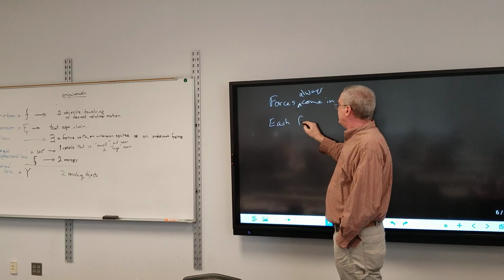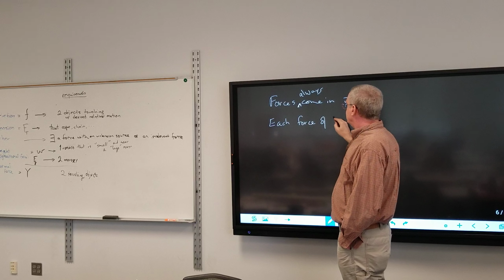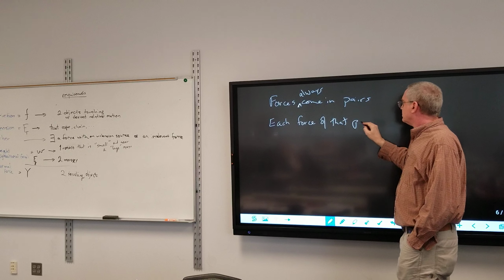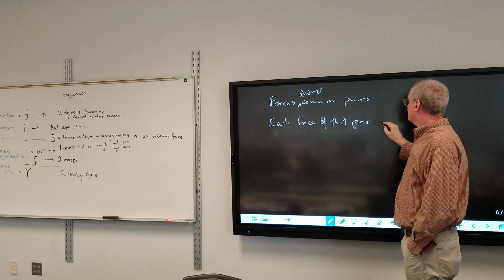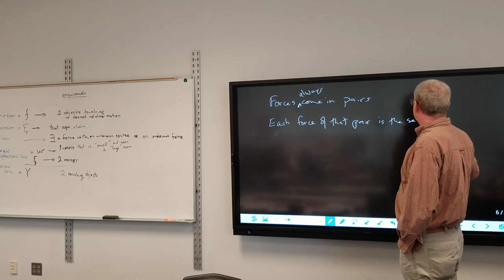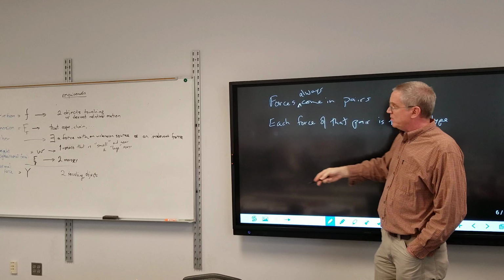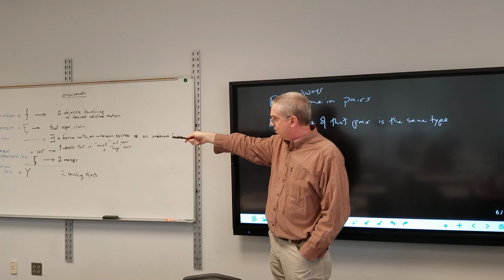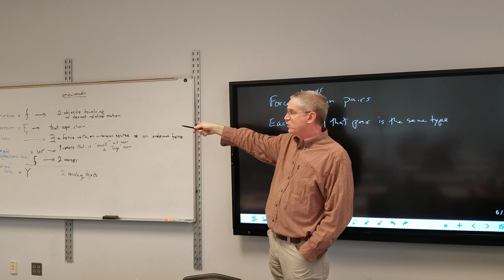Each force of that pair is the same type. What I mean by same type, there'll be two weights or two gravitational forces, two normal forces, two tensions, two frictions.